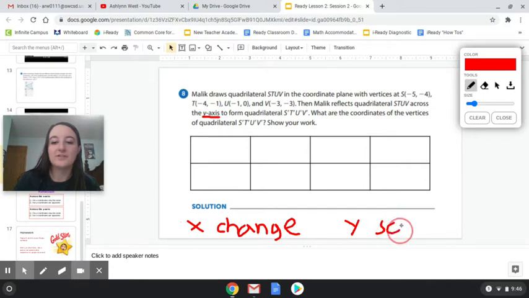Meanwhile, on the reverse, if you were to reflect over the x-axis, your x values would stay the same and your y would change. In this problem we are reflecting over the y-axis, so our y values stay the same and our x values become their opposites.